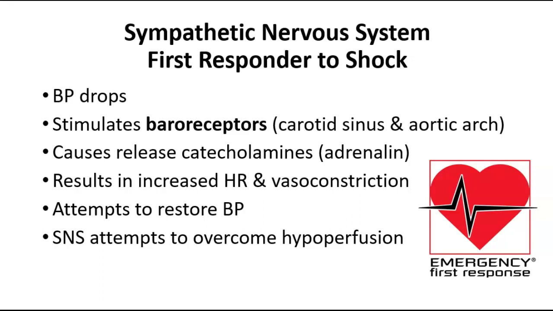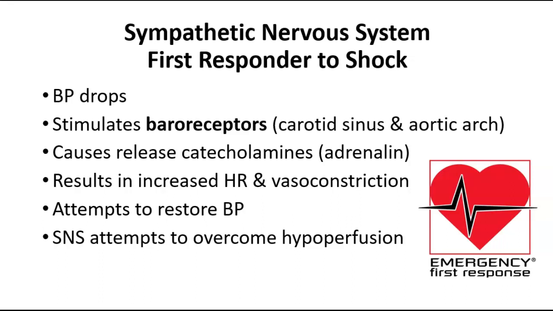And then that causes the release of epinephrine and norepinephrine. So epinephrine makes up about 90% of the hormones that are released by the adrenal medulla. Remember, that's the fight or flight mediator we just talked about. It causes vasoconstriction and decreased blood flow to tissues that are not needed in emergency situations, like the GI tract.